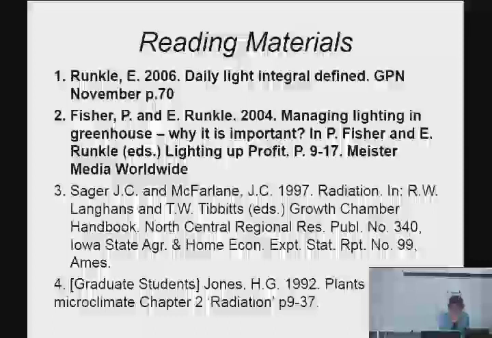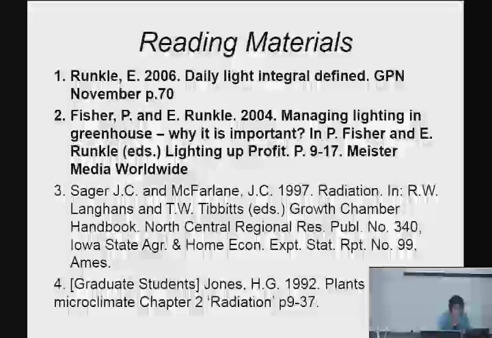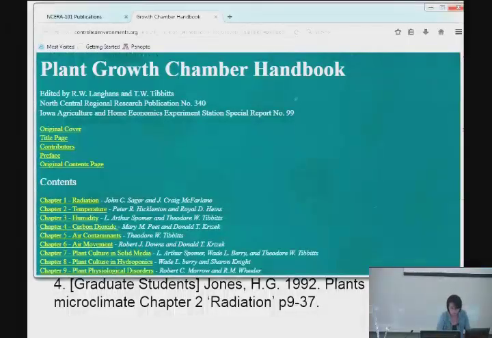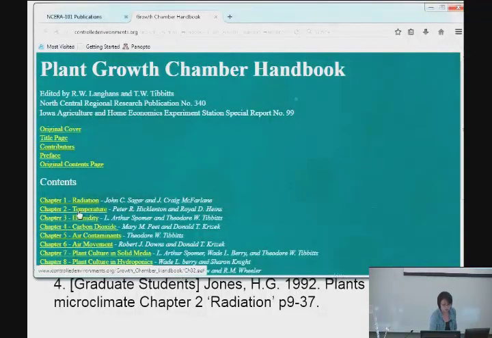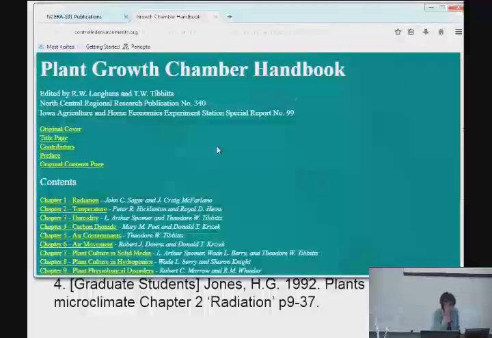If I can show you, this is the Plant Growth Chamber Handbook website, and all the chapters are downloadable from it. I didn't link to the radiation chapter because, again, it has some typos, so I collected the corrections and uploaded the corrected version to my D2L.